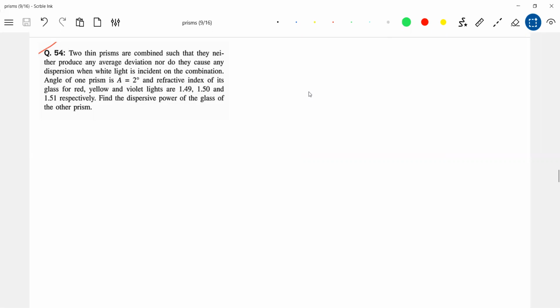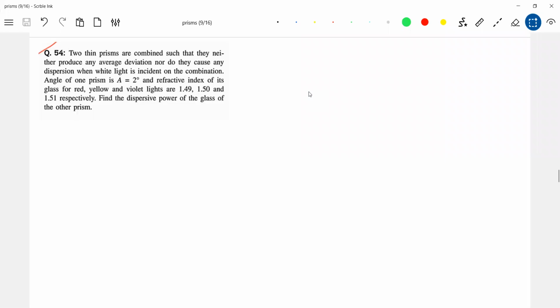Don't get involved in the diagram. At least it may not be needed, I feel, rather than wasting time on the diagram. The net deviation is 0. What is the deviation formula? Mu minus 1 times A. The deviation suffered by the yellow color light is the mean deviation.